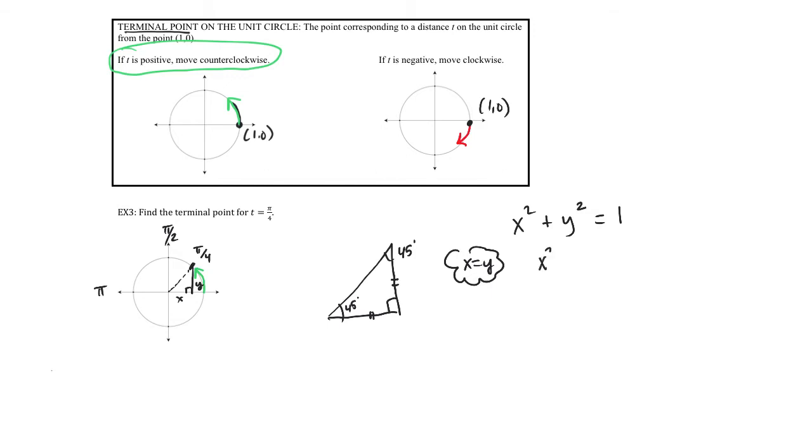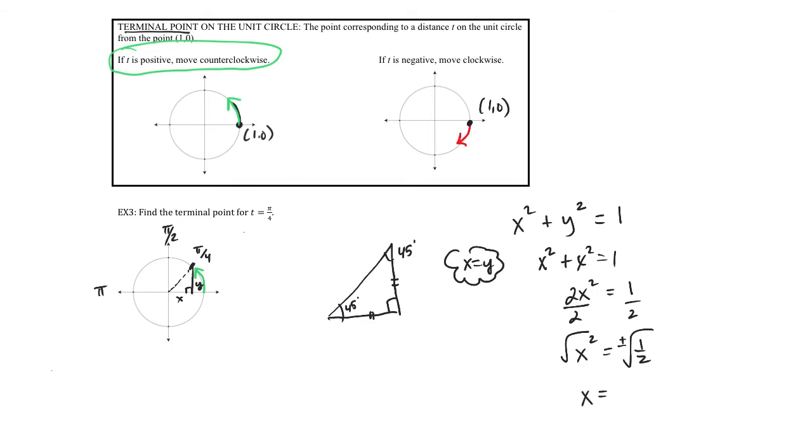So I just plug x in for y. I'd get x squared plus x squared equals 1. Adding up both those x squareds, we get 2x squared equals 1. Dividing by 2, I get x squared equals 1/2. Taking the square root of both sides, I would get positive and negative square root of 1/2.